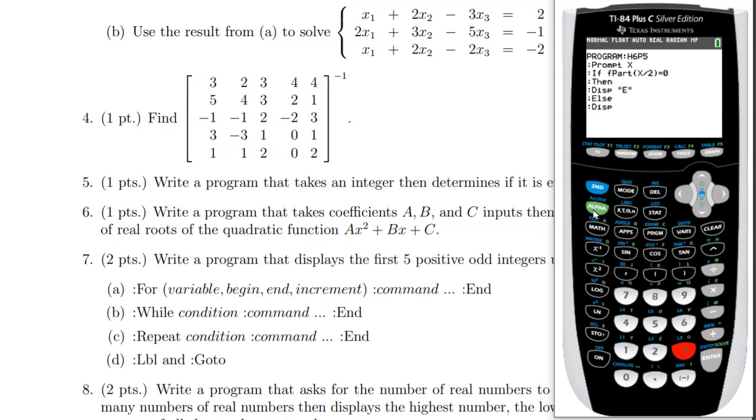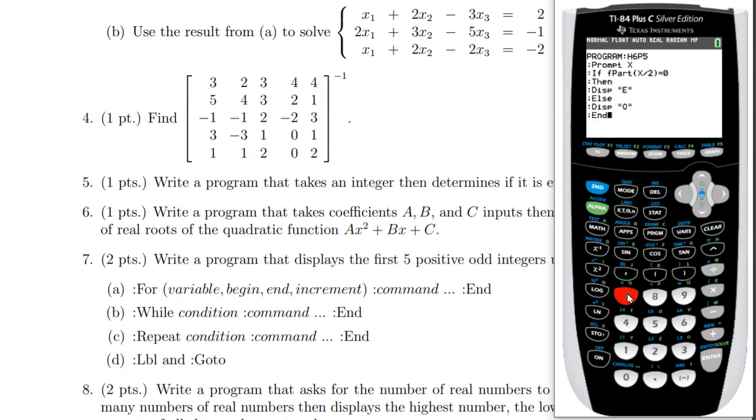So I'm going to do a quotation mark and odd. I'm just going to put O for that, and then hit quotation mark. And then you're going to have to end this if-then statement. So I'm going to go to program again and end somewhere at number 7.